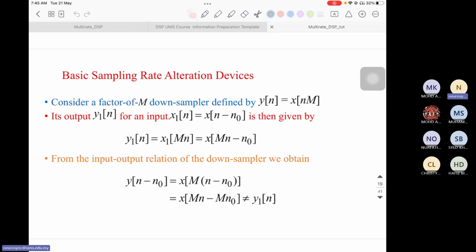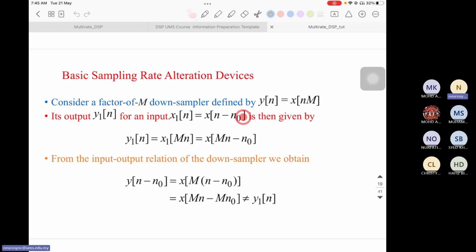Now I will delay this input. Let us say x1 is the delayed input, so I have delayed this input sequence by n naught. Therefore x of n minus n naught, which I am calling another input, the delayed input, is equal to x1 of n.